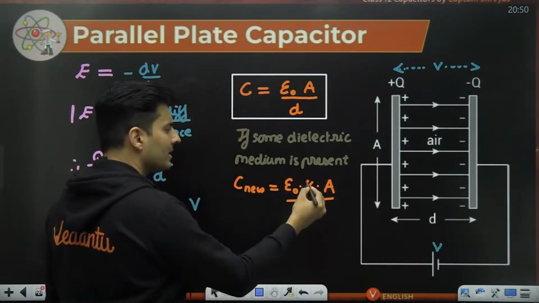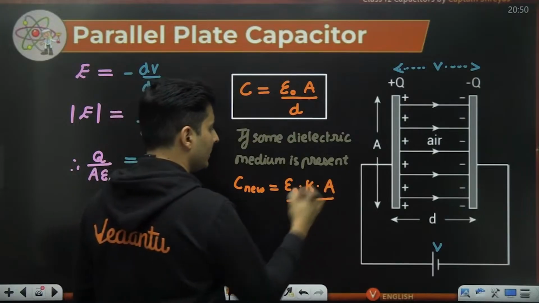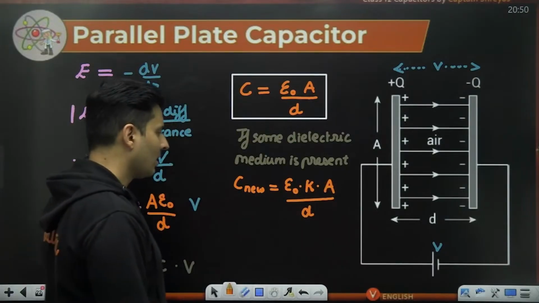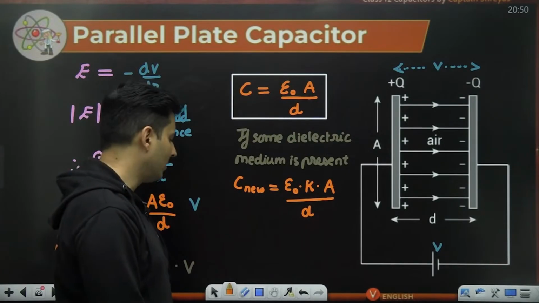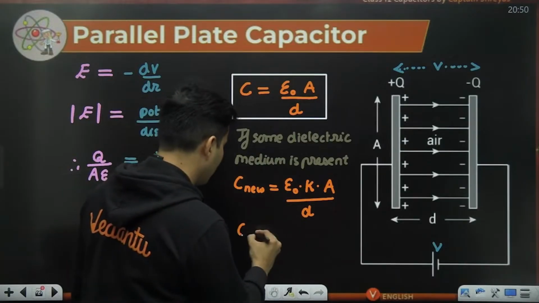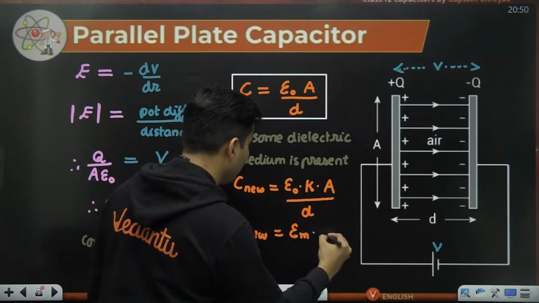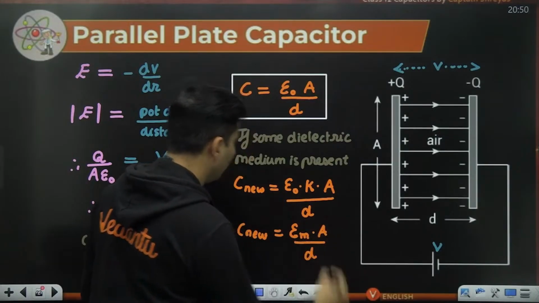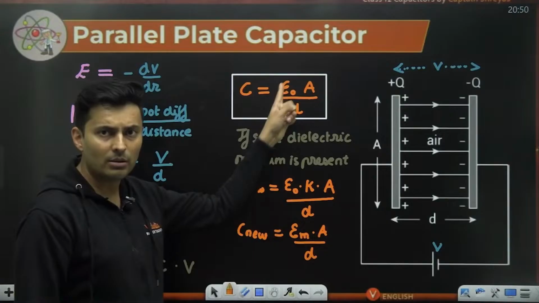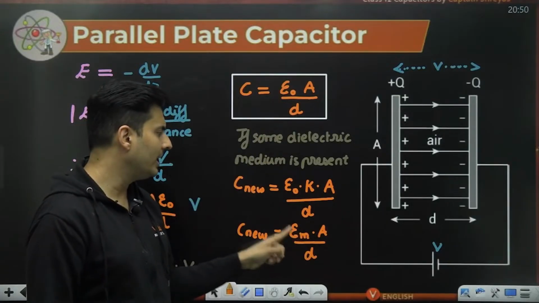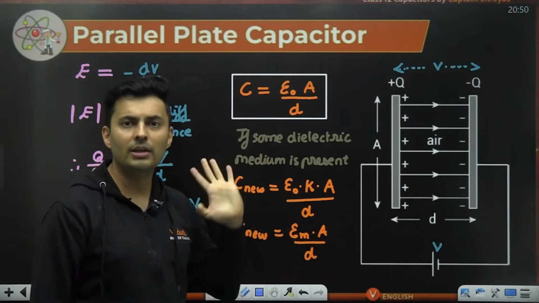This K is the dielectric constant of that particular medium. You can also write that the new capacitance is epsilon of the medium into A divided by D. So instead of permittivity of vacuum, you have permittivity of the medium, which is epsilon naught into K.